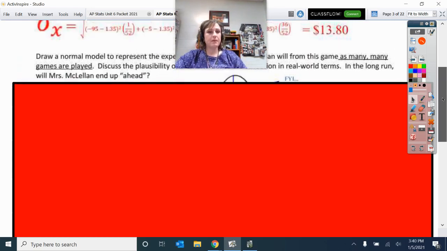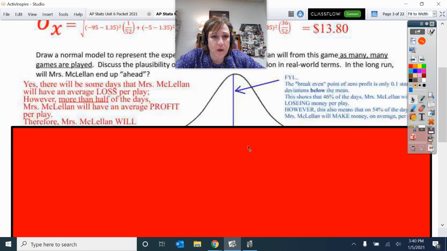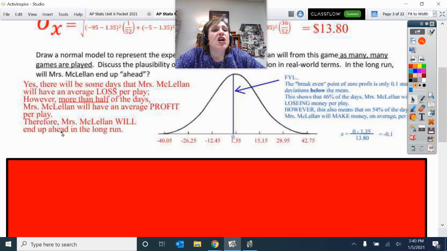All right. So once you have that mean and standard deviation, then you have a continuous situation. And here's what we got here. See? So it is centered at $1.35, and then I went ahead and I wrote or added 13.80 plus 13.80 plus 13.80, and then subtracted it each time.